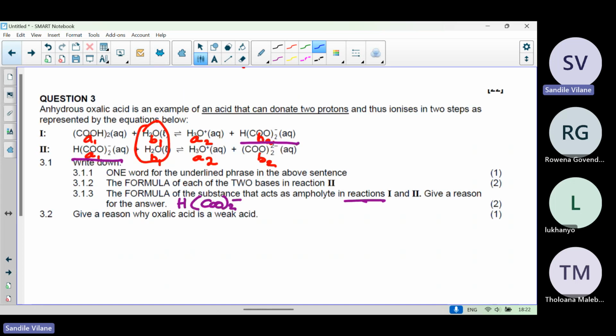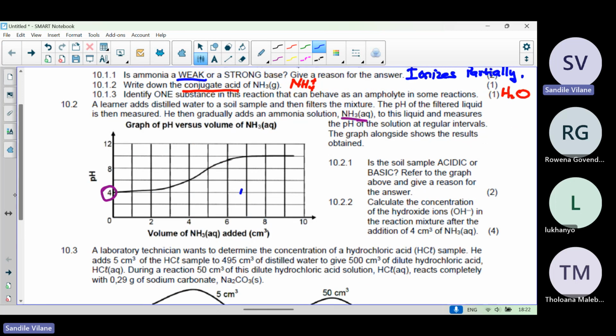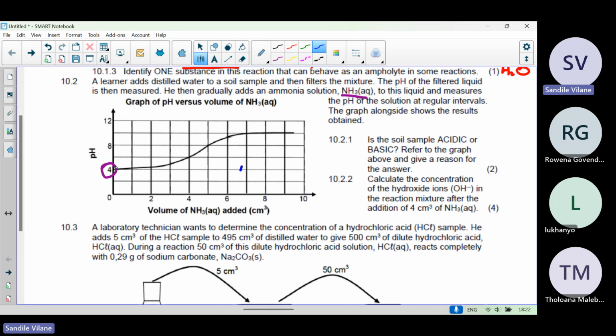So this tells you the initial pH of your soil was 4. Therefore, the soil sample is acidic. The reason is because the pH of the mixture is less than 7.